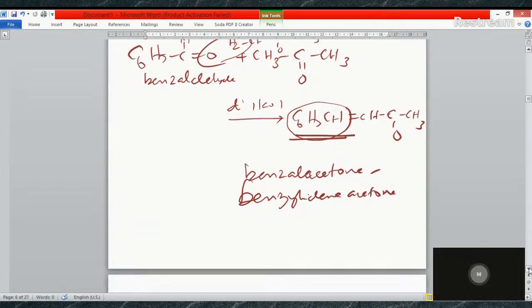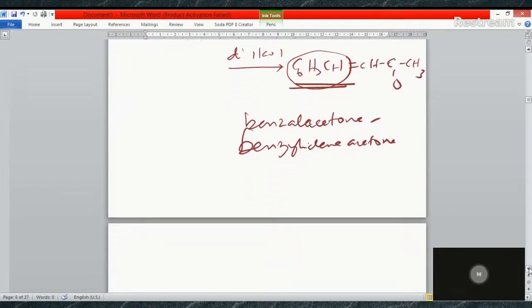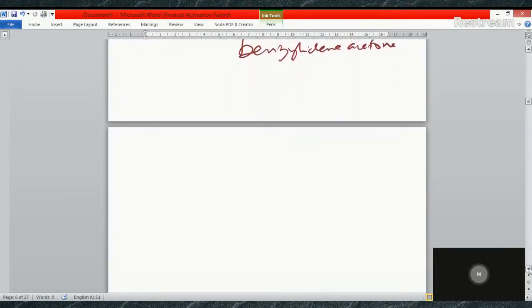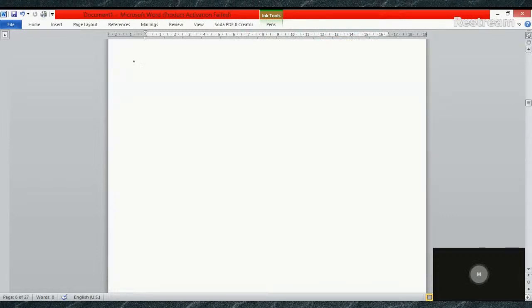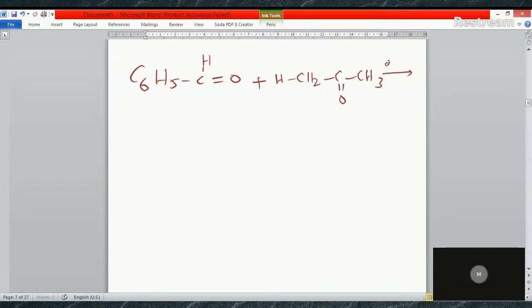Its mechanism can be explained as follows. Yes, I can write the mechanism. C6H5 C double bond OH, benzaldehyde, plus acetone, H CH2 C double bond O CH3, by using dilute NaOH.